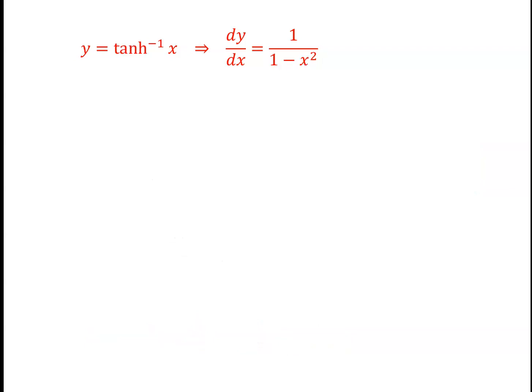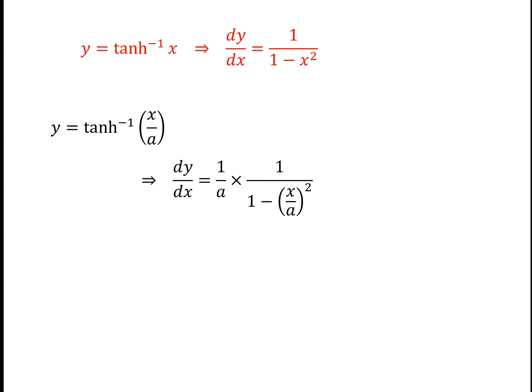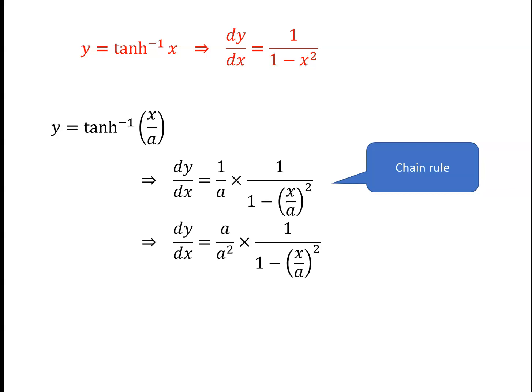And if I have y equals tanh to the minus 1 of x, I know that dy by dx is 1 over 1 minus x squared. So if I have y equals tanh to the minus 1 of x over a, then I have got dy by dx is going to equal 1 over a times by 1 over 1 minus x over a all squared. That's the chain rule again. Now 1 over a is the same thing as a over a squared.